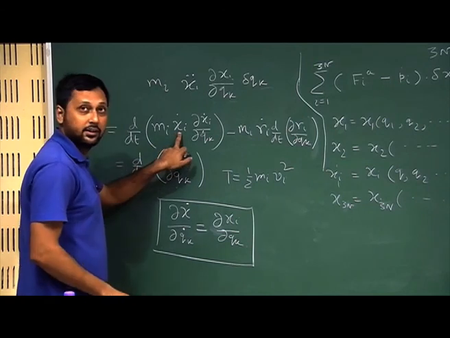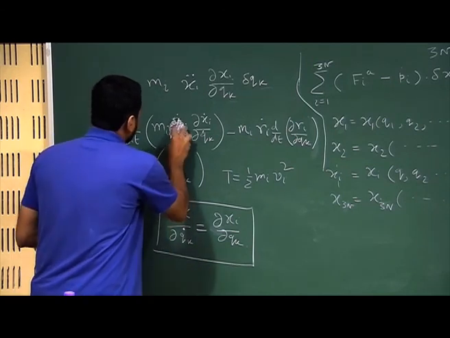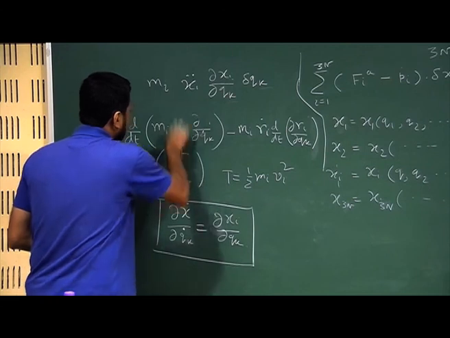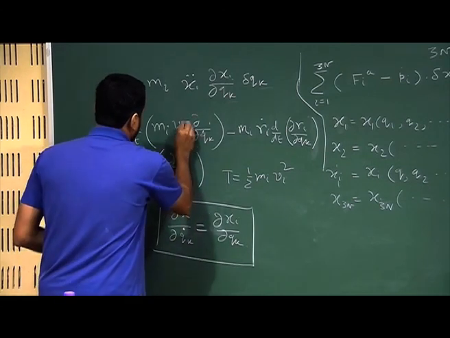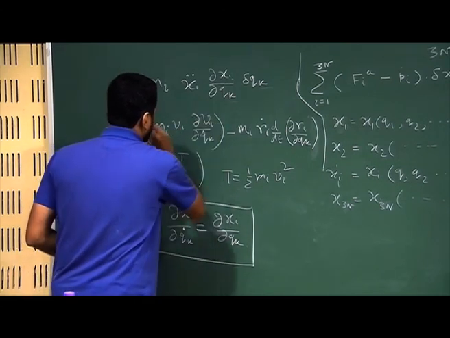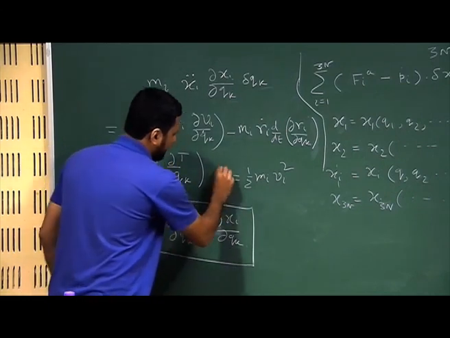Now, xi dot is nothing but Vi, so I can write it as Vi.